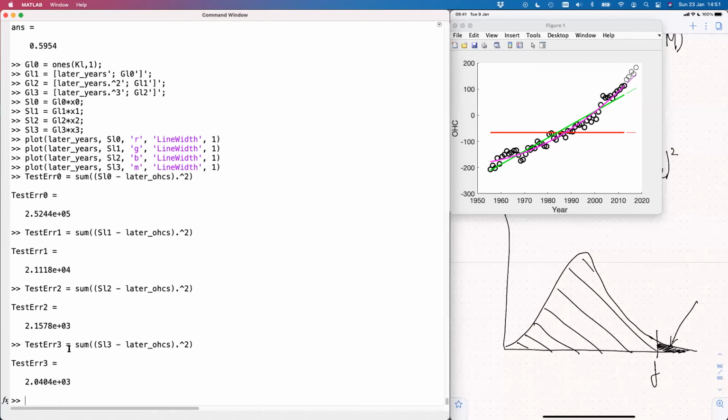Actually here, the more complex one does predict them slightly more closely, although I think it's fair to say that in this particular example, the difference between these two errors is well down in the noise level for these particular data.